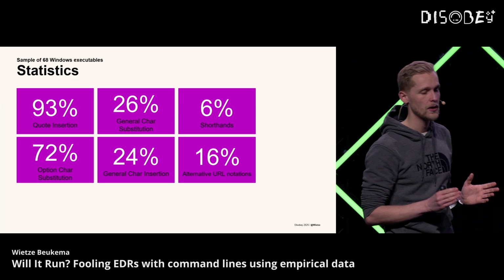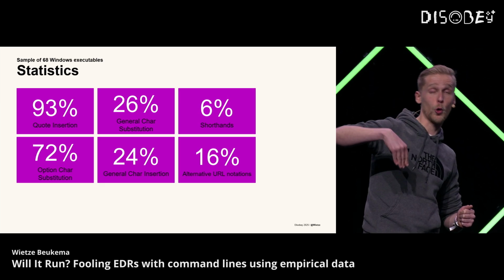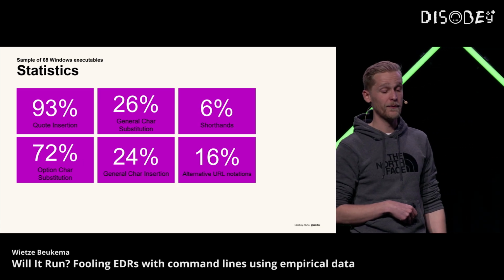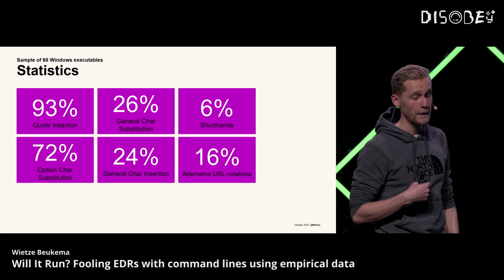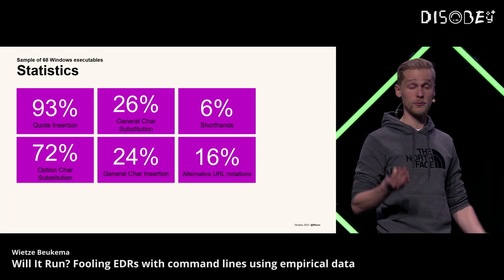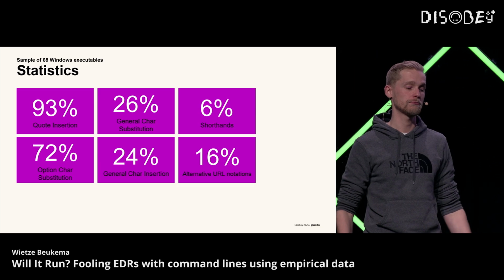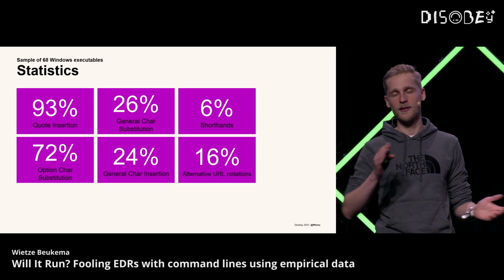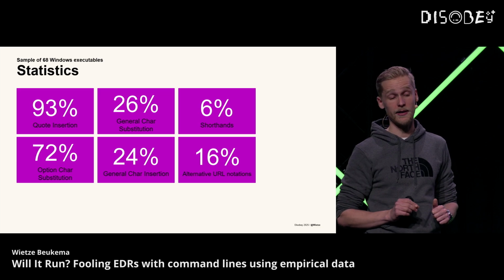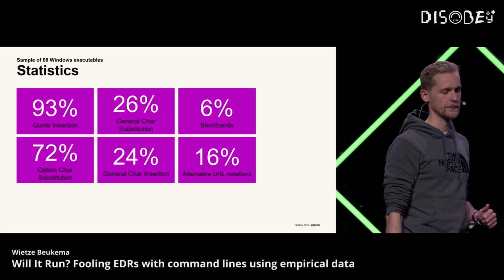Pretty wild. 1 in 4 accept either character substitution or insertion, so the Unicode replacement or the Unicode insertion. 1 in 4, still, I thought, pretty high. Shorthands, only 6%, and then URL notations, so of those 68 that did support a URL, 16% you could use URL tricks like the slashes, or even in URLs you can sometimes apply the path traversal trick.